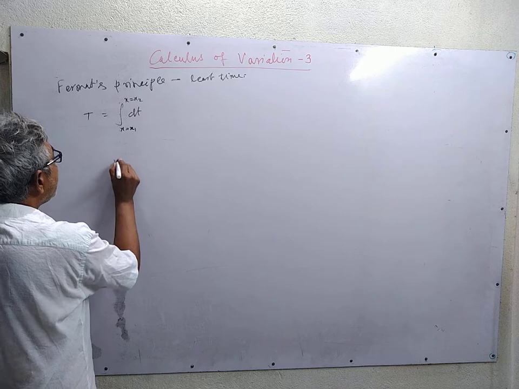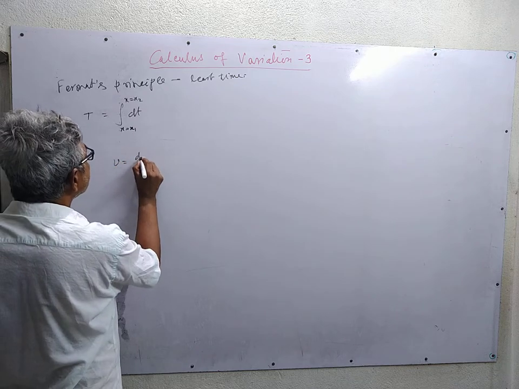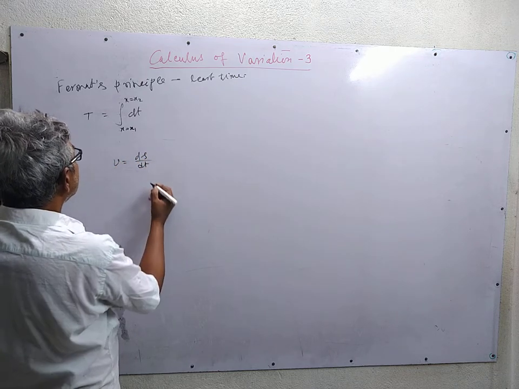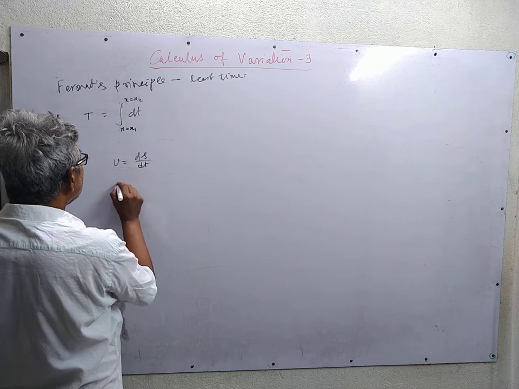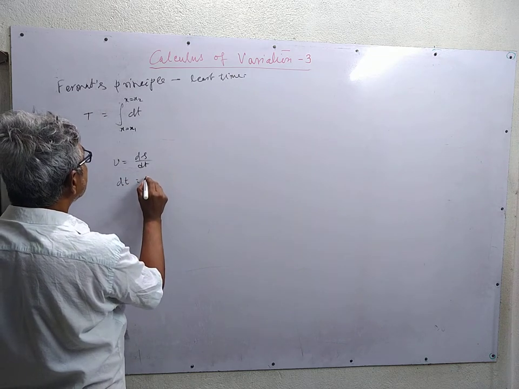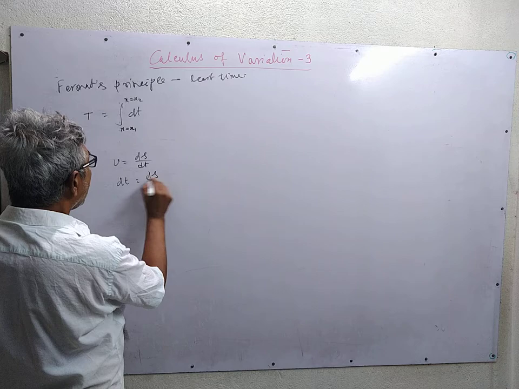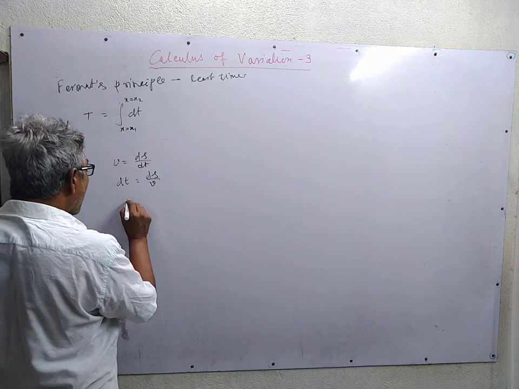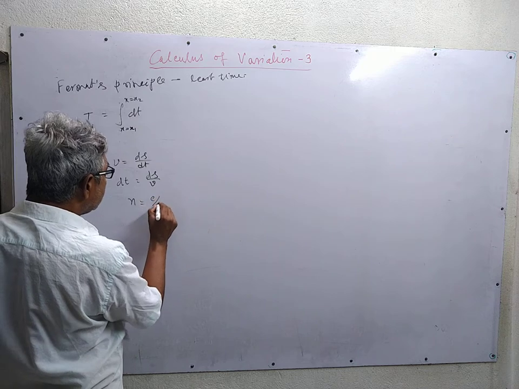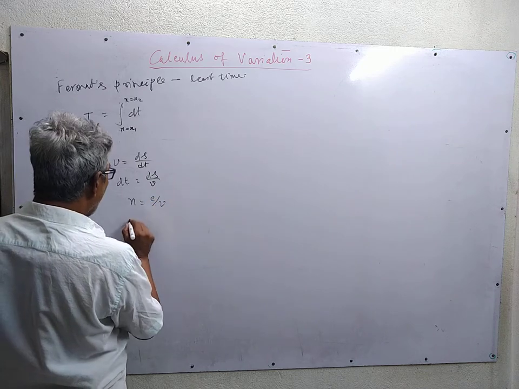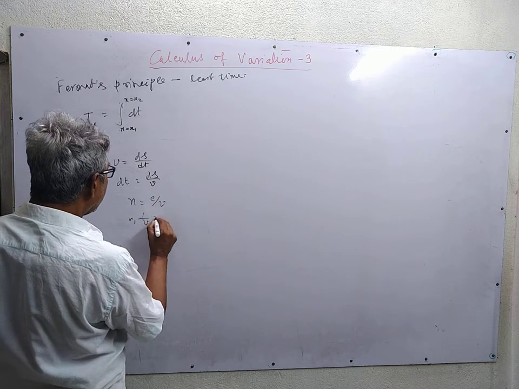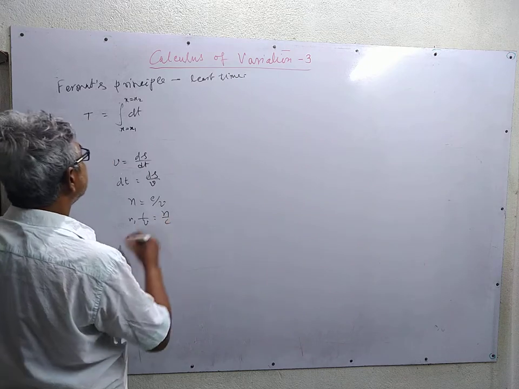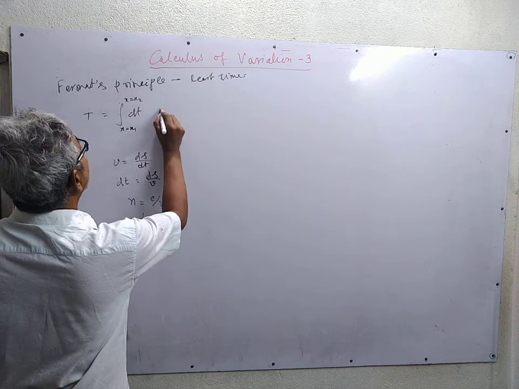We know that v is ds by dt, so dt can be written as ds by v. In geometrical optics we define the refractive index as c by v, so that 1 by v can be written as n by c.